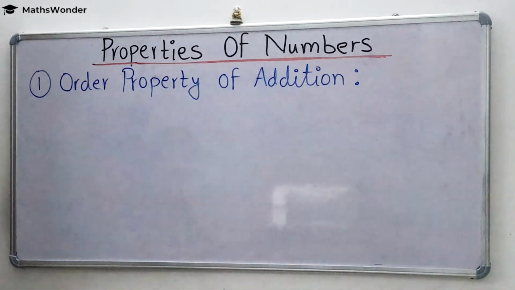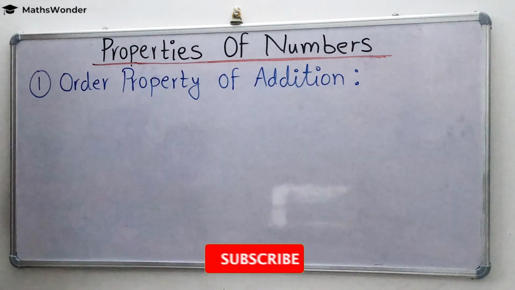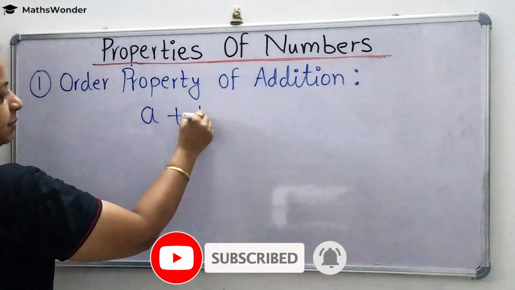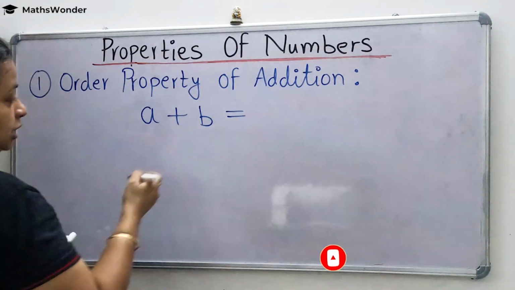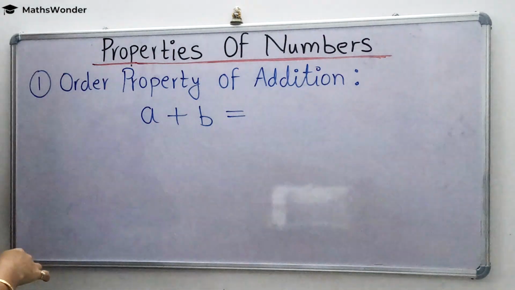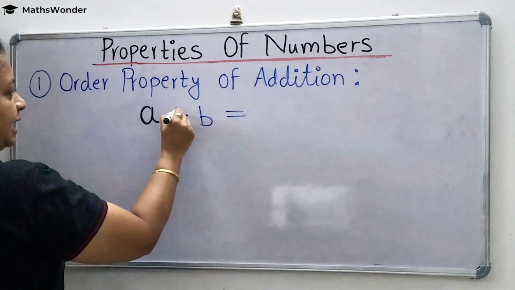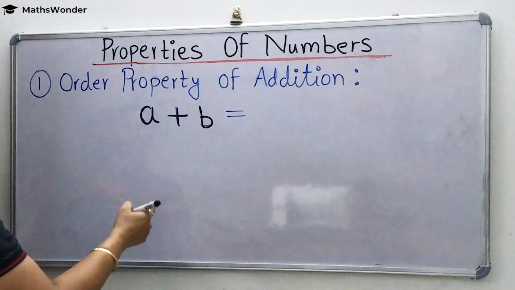Now, what is the first property? The order property of addition. The format of the order property is A plus B, because we are talking about addition. A and B are any numbers.